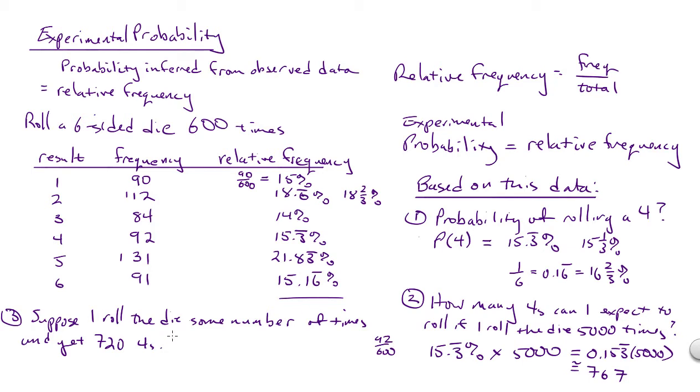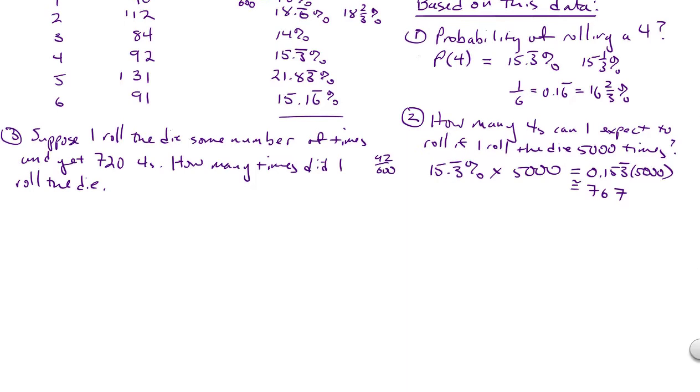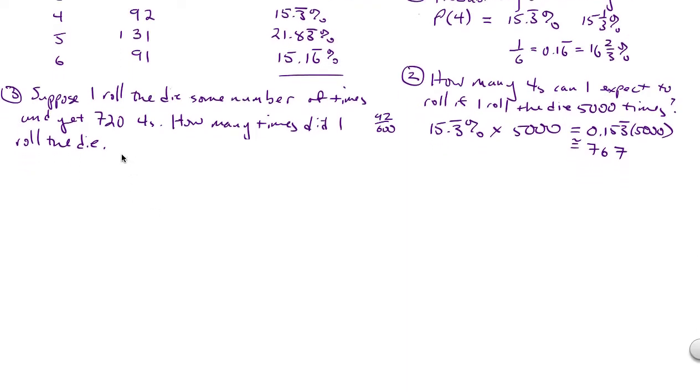Based on this data, how many times did I roll the die? So now, in this case, we can see that 720 is the result we would have gotten if we would multiply our 15.3% repeating percent times our total, right?